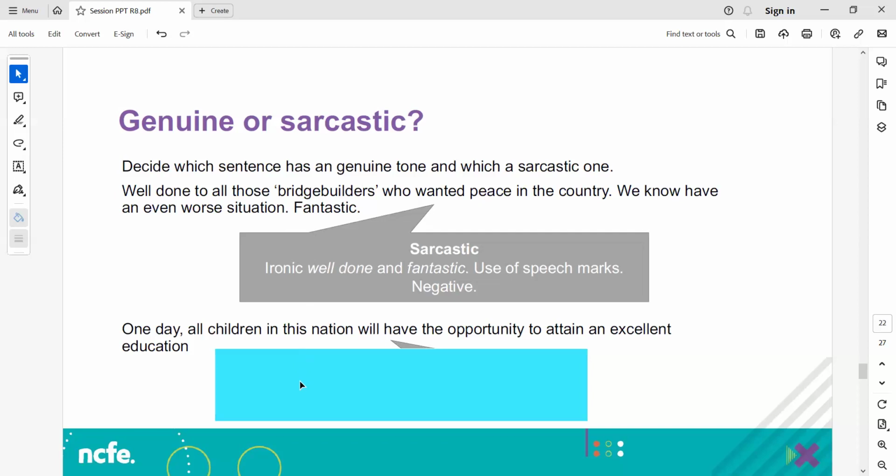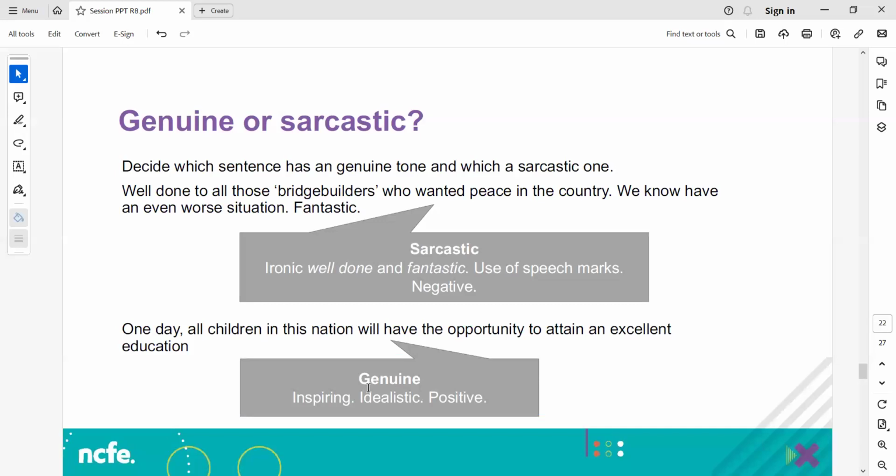Yes, it does give hope. So it's inspiring, exactly what you've just said. It's idealistic. It's positive. Opportunities. All children. Excellent education. So that use of language gives us that genuine tone.